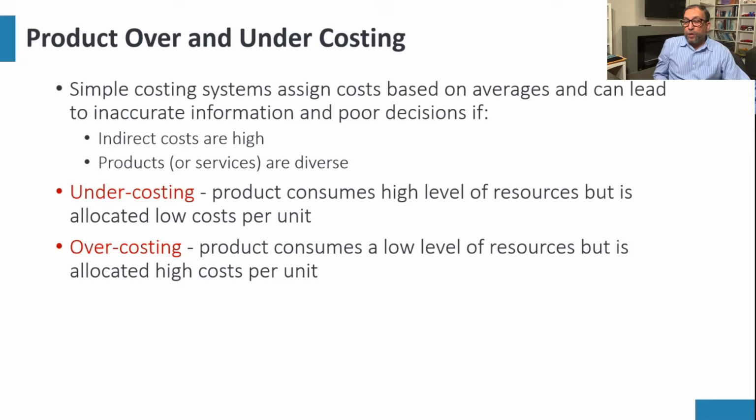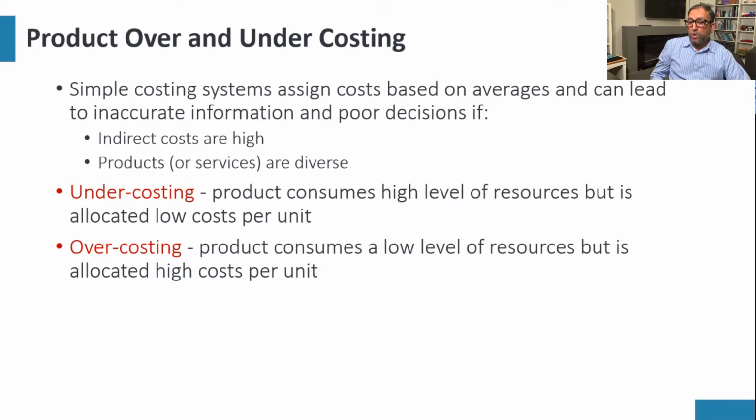Okay, so product over and under costing. First we want to understand what product under or over costing is. A simple costing system assigns cost based on average. Normally, as I mentioned, we take the budgeted indirect or manufacturing overhead cost and divide it by the budgeted variable, which can be labor hours or machine hours.